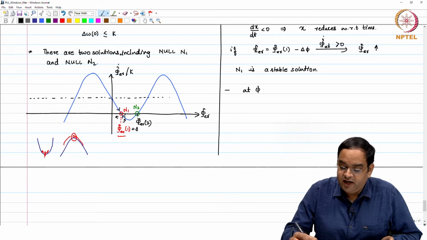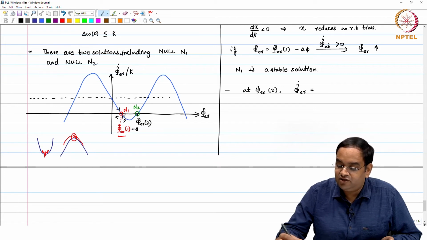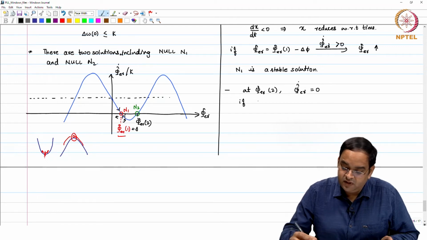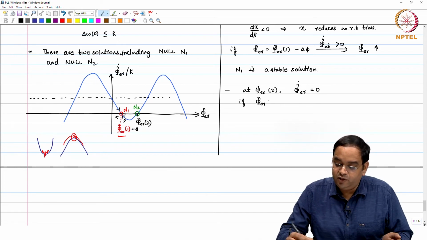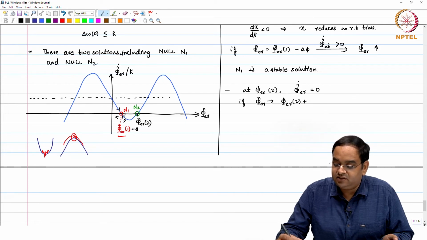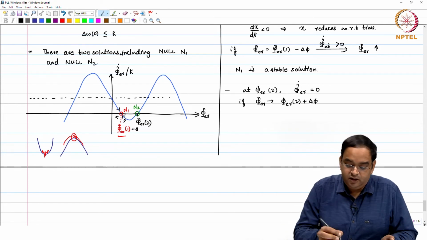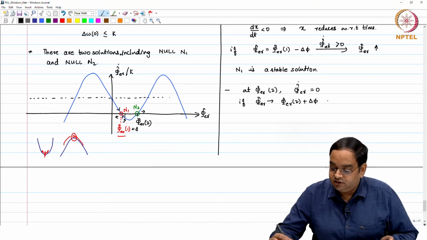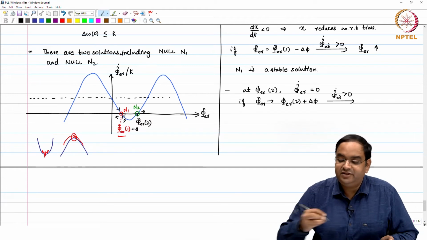At phi error 2, phi error dot is actually equal to 0. So, it appears to be a solution, but if phi error changes from phi error 2 to phi error 2 plus delta phi, so, I made a small change on this side, the slope of the phase error is actually greater than 0.